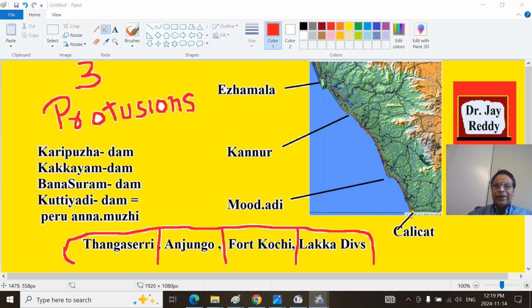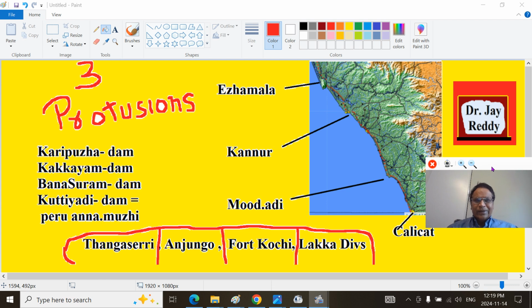Calicut, Samutri Raja's headquarters, that is Kozhikode, an important urban center in the British Malabar. You can keep them as landmarks. I will also show certain dams like Karapuja Dam, Kakayam Dam, Banasuram, Kutiyadi Dam, that is also called Peruvannamuji Dam.